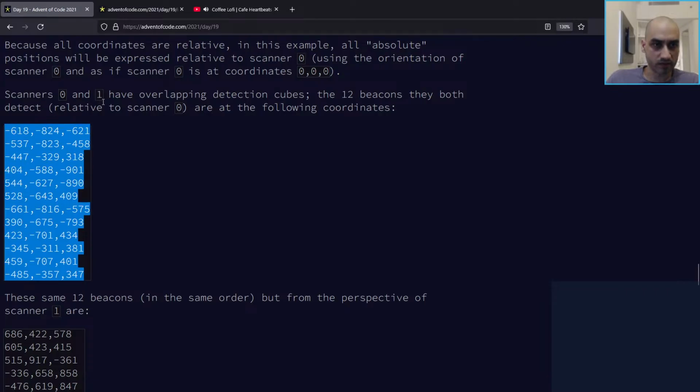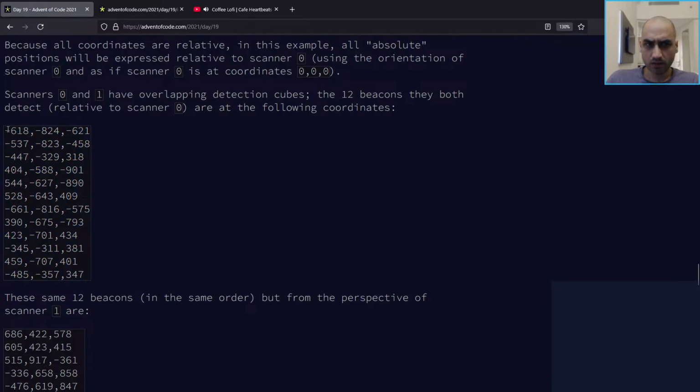All beacons they both detect are at the following coordinates. So it's minus... Where you could compare Manhattan distances with each scanner.